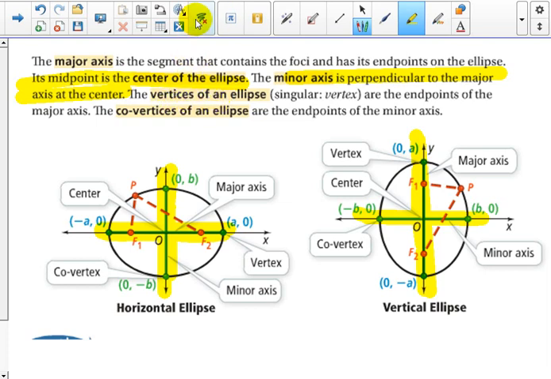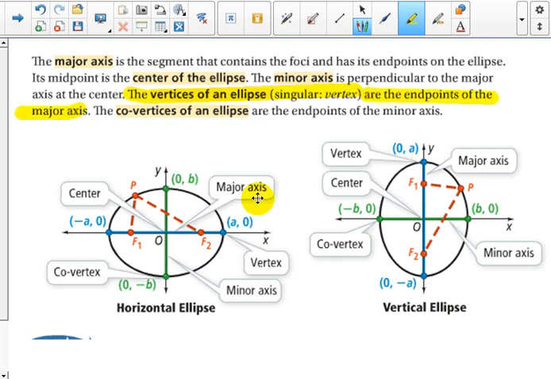The vertices of an ellipse, the singular term is vertex. So now we're talking about two vertex, so it's called vertices, more than one, are the endpoints of the major axis. So there, at 0 and b, and 0 and negative b.